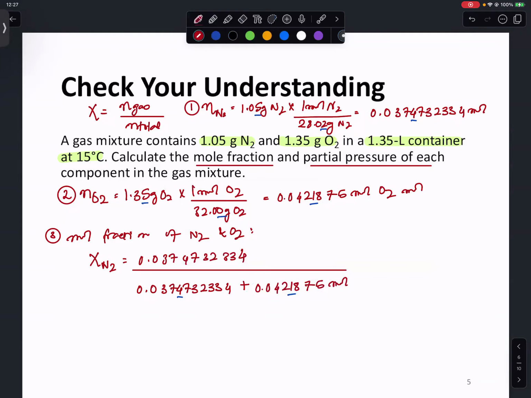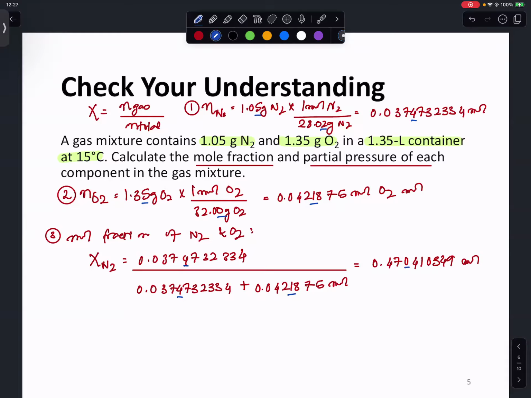This is going to give me 0.470410349. Tracking my sig figs, I will have 3 sig figs as well.